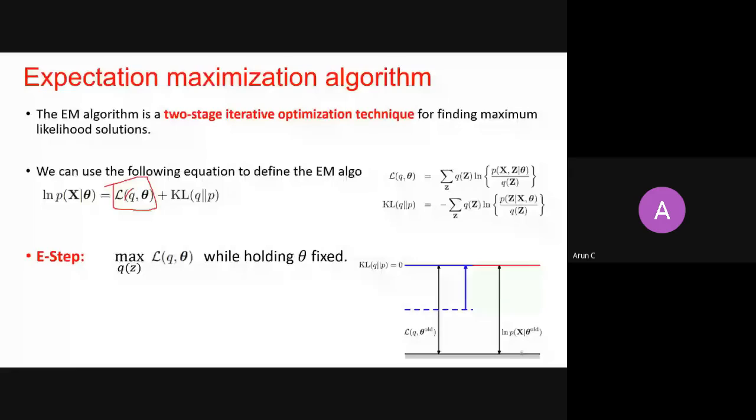First, I make theta fixed and maximize my lower bound with respect to Q, right? If I maximize my lower bound with respect to Q, I need to make my KL divergence equal to 0. The only way I can make it 0 is to replace this QZ with the posterior of P, right? And hence it will get to 0, and my lower bound will just be equal to the log of this Px, right? This is what I have done.